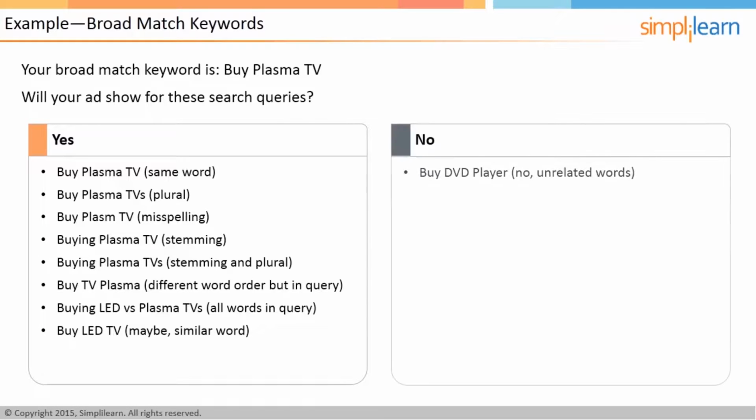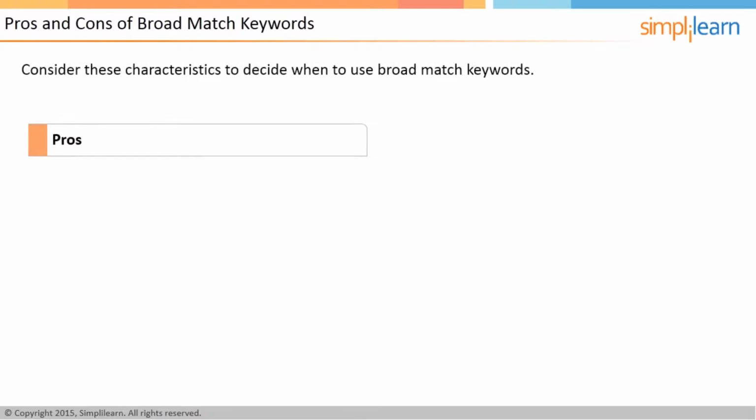There's something like buy DVD player. That's unrelated. A player and a TV are different objects. So while you wouldn't show for buy DVD player, you might show for buy LED TV for a keyword like buy plasma TV.